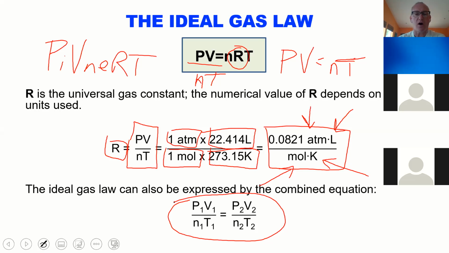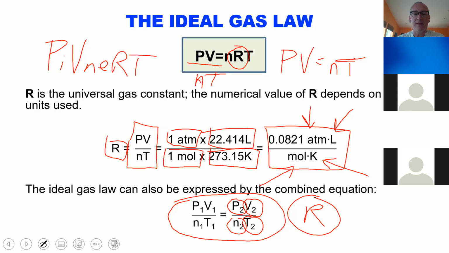Since R is always going to be the same, if we change to a new pressure, or we change to a new number of moles, or a new volume, or a new temperature, it'll always equal R. So if I change the pressure of something, I can calculate everything else. If I change the number of moles, I can calculate everything else. If I change the temperature, I can calculate everything else.